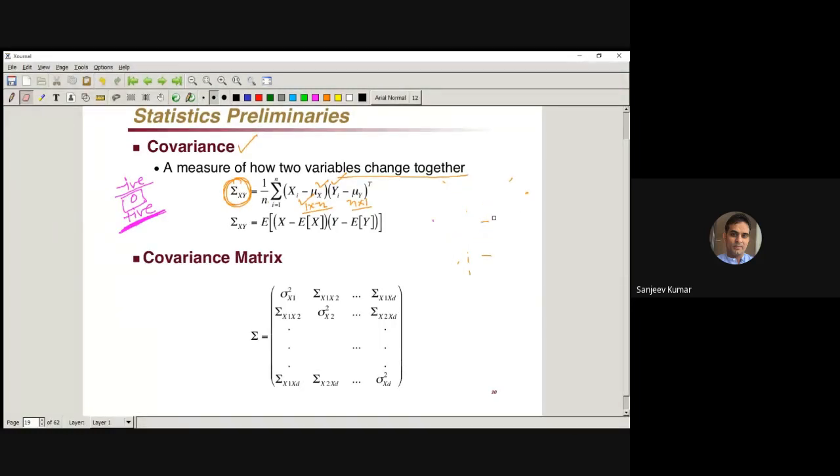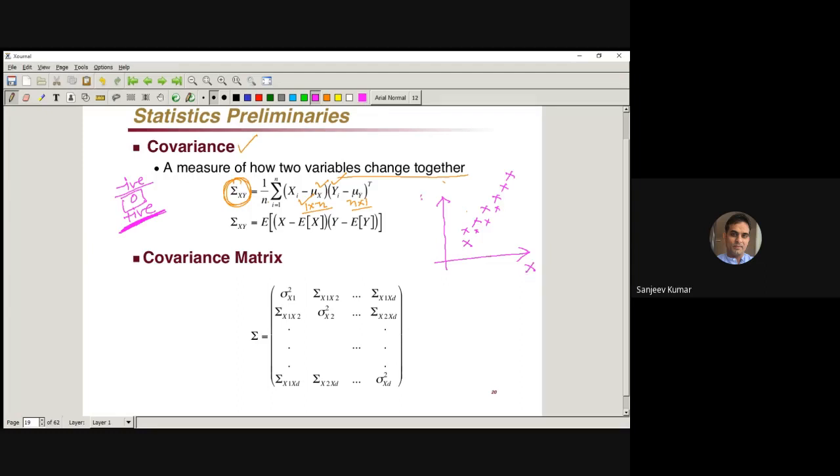And as I told you, based on the change, you can make some kind of analysis about the covariance. So for example, if I take two-dimensional data and my data is going like this, what kind of covariance will I have?